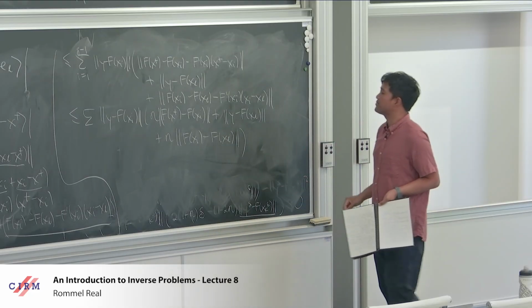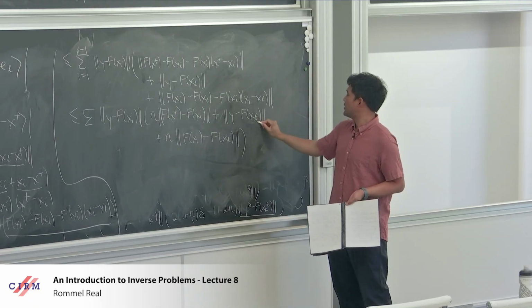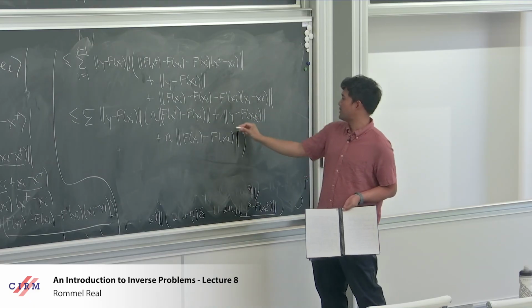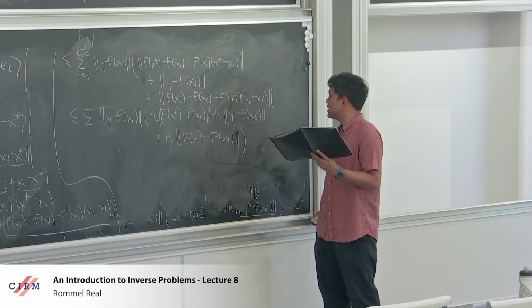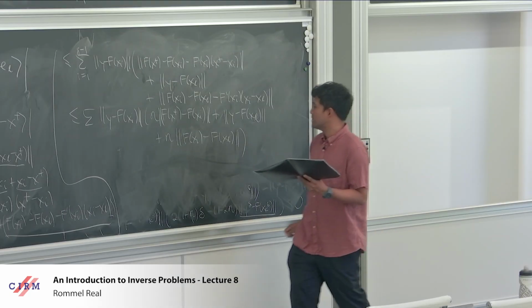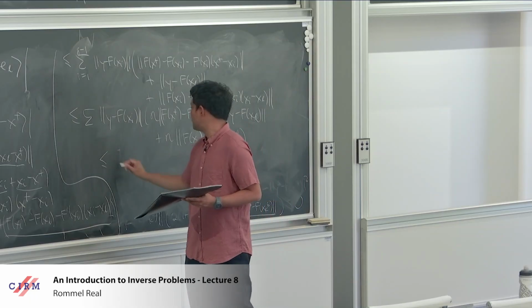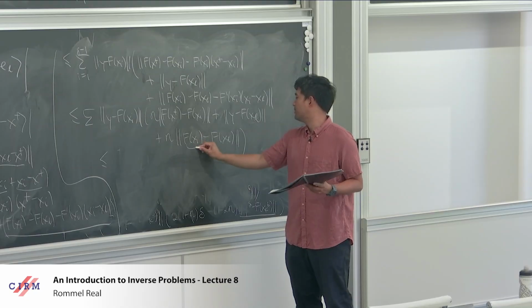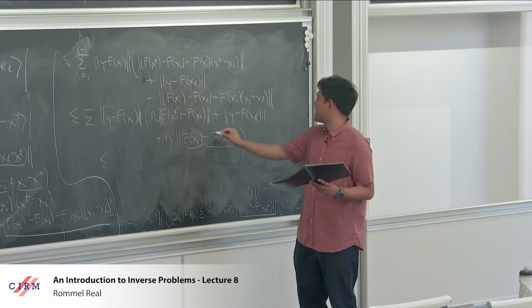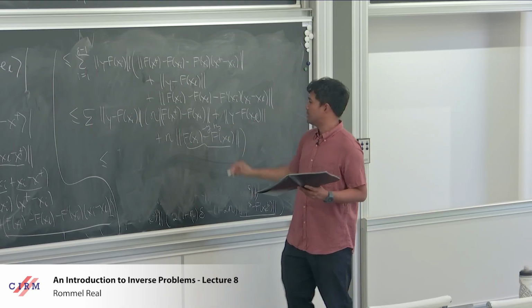And now, by our choice of L, note that also, I forgot to mention that we can apply triangle inequality here, further here. We can add and subtract minus y. So we have this one.